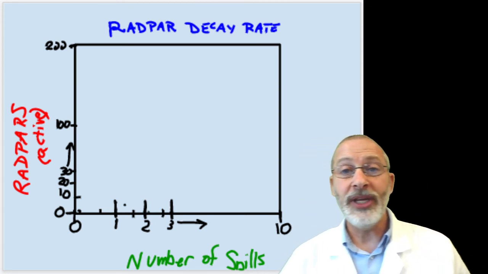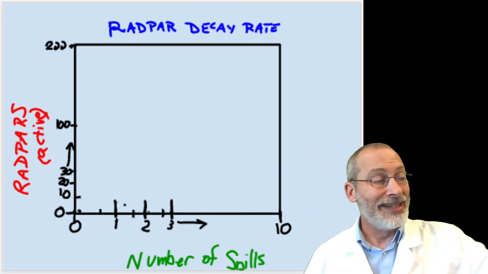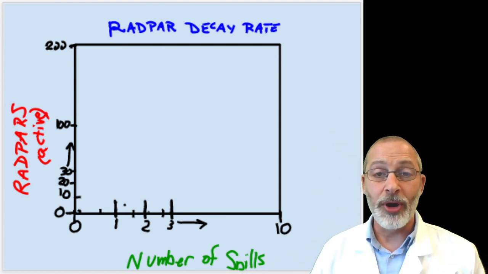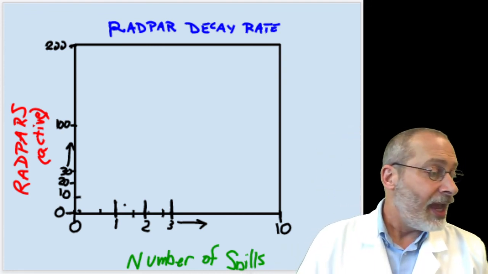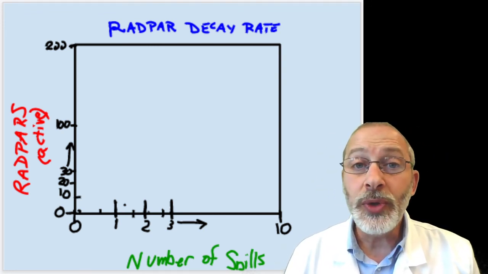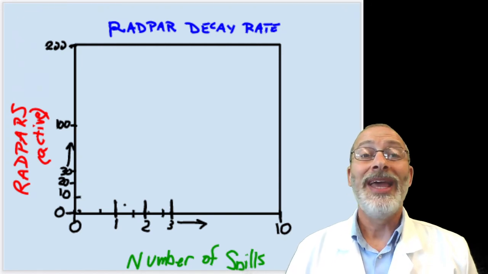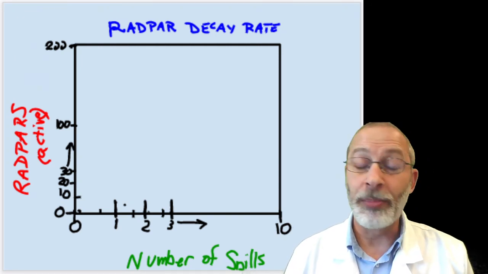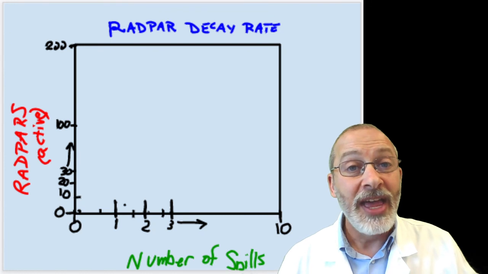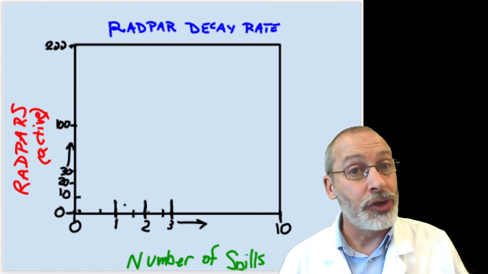So we've completed the Radpar decay with the Radpars themselves. What I would like you to do at this time is to answer the questions on page 175 after you have graphed your data.